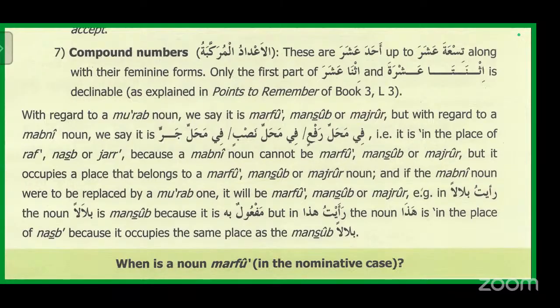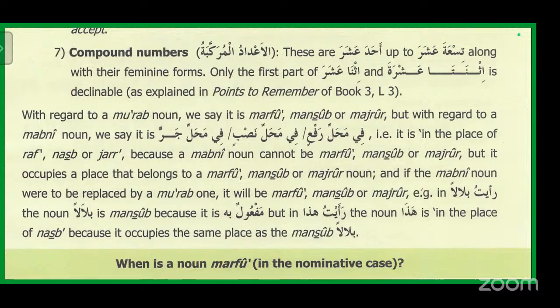Example, ra'aytu bilalan. The noun bilalan is mansub because it is maf'ulun bihi. But ra'aytu haza, the noun haza is in the place of nasab because it occupies the same place as the mansub bilalan.